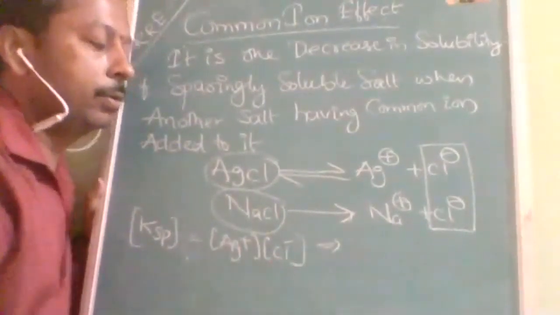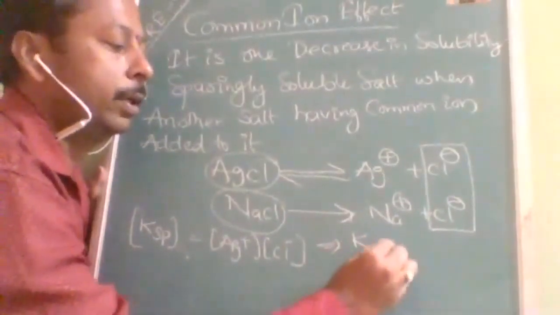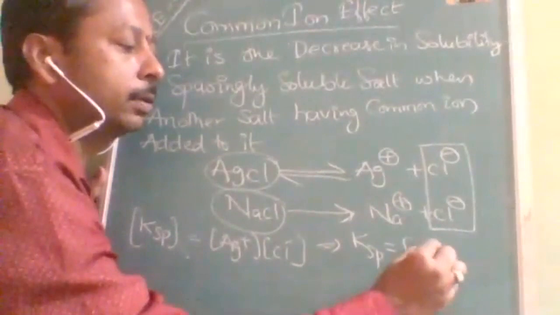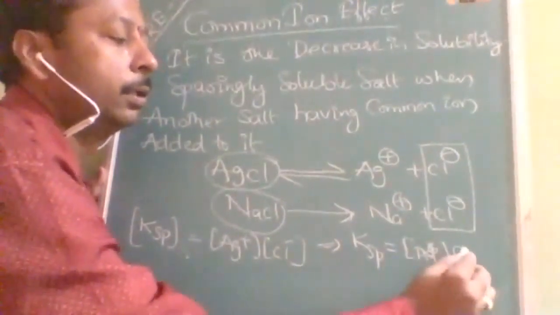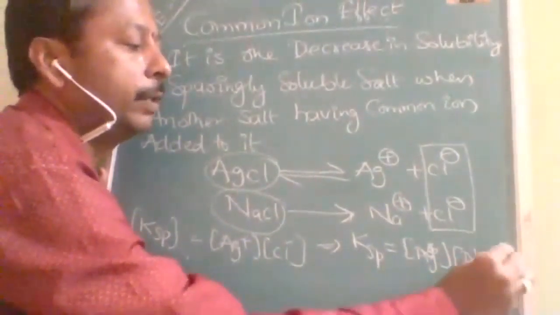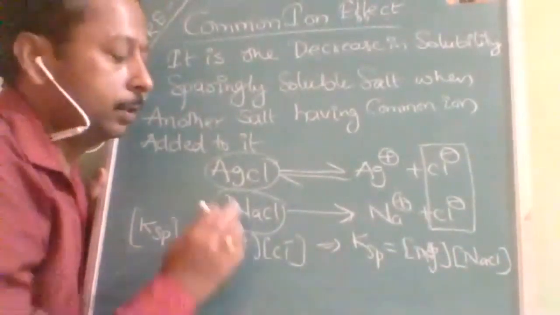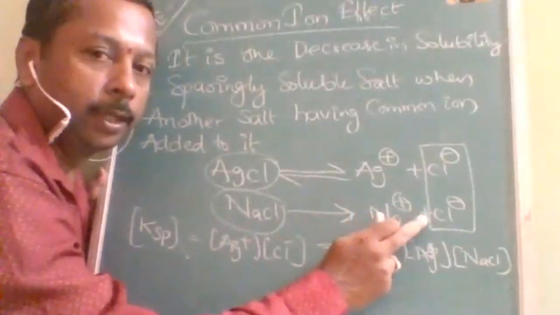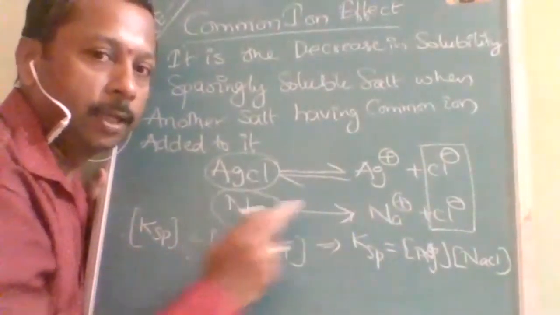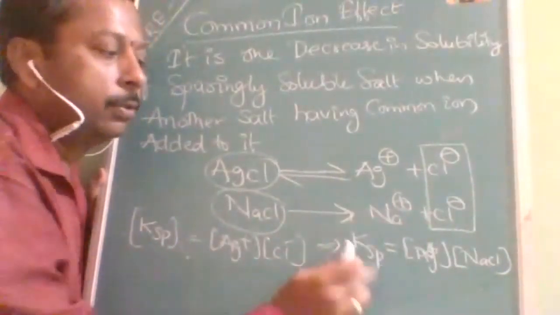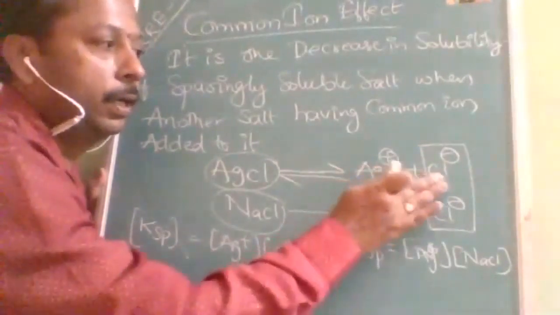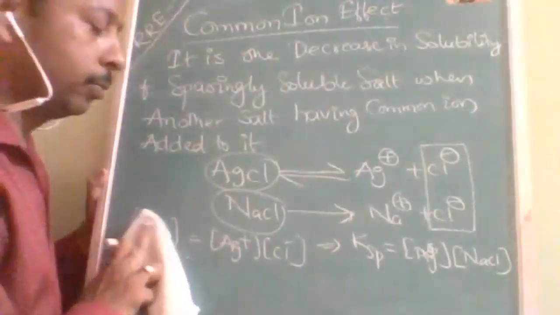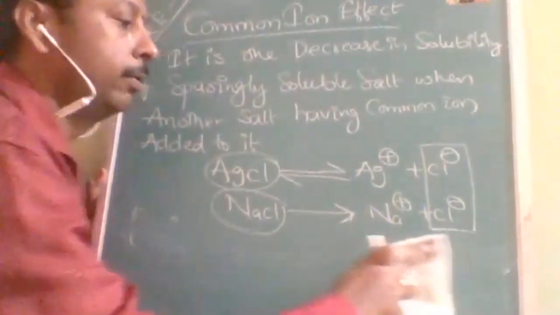So now Ksp can be written as concentration of Ag plus into the concentration of NaCl, because it is completely soluble. If you take 1 molarity, you get 1 molarity; if you take 10 molarity, 10 molarity. Like that we will neglect this concentration value. Actually what it is supposed to be and what we are writing, I think now it is clear.